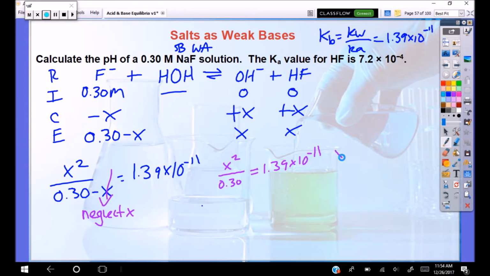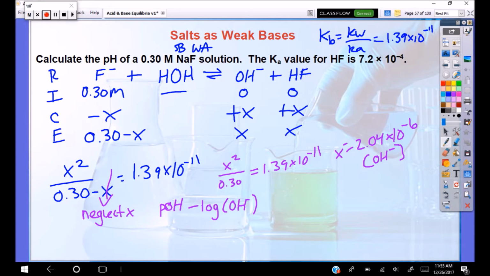So x is equal to 2.04 times 10 to the negative 6th. Now be careful, is that my H plus or my OH minus concentration? That is OH minus.